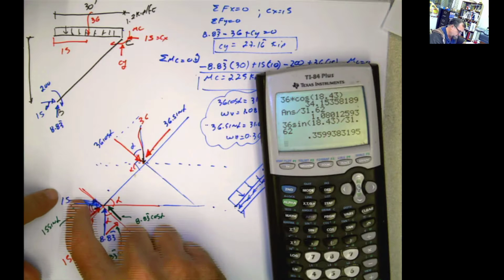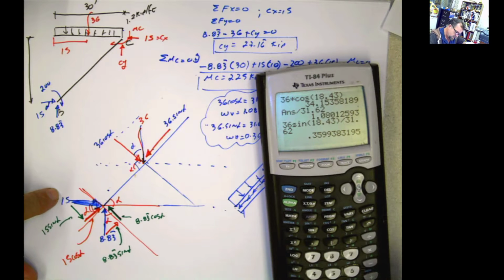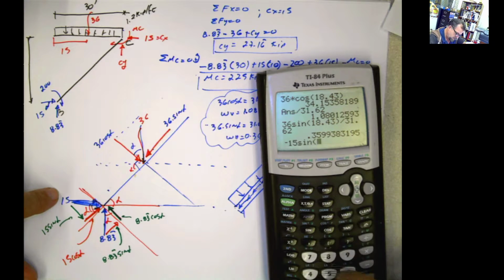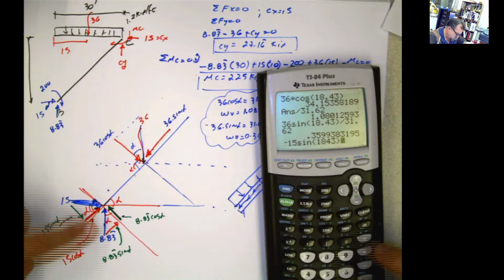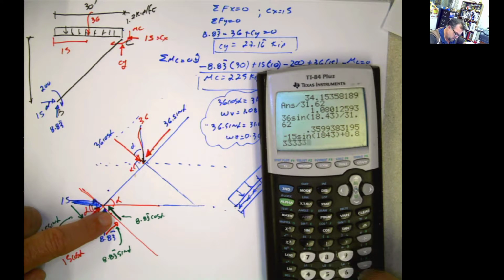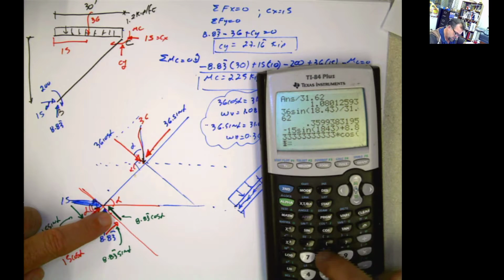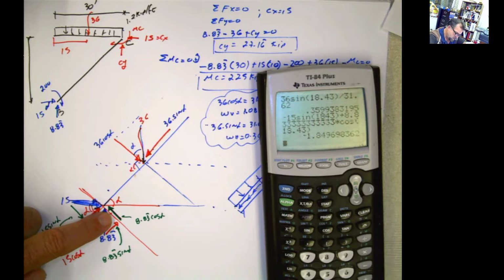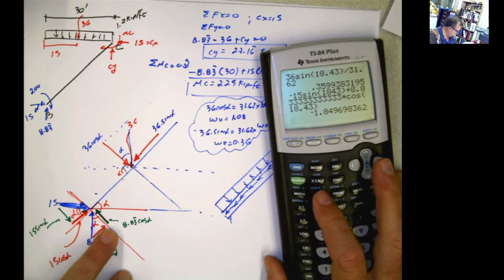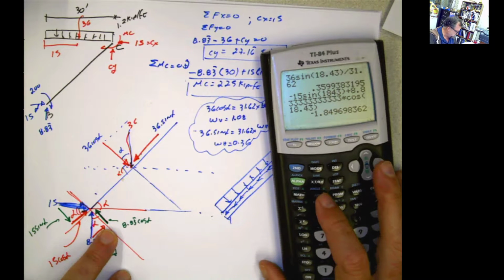So this is negative 15 sine of 18.43 plus 8.833333 times cosine of 18.43. So that value is going to be this minus this, a resultant force.